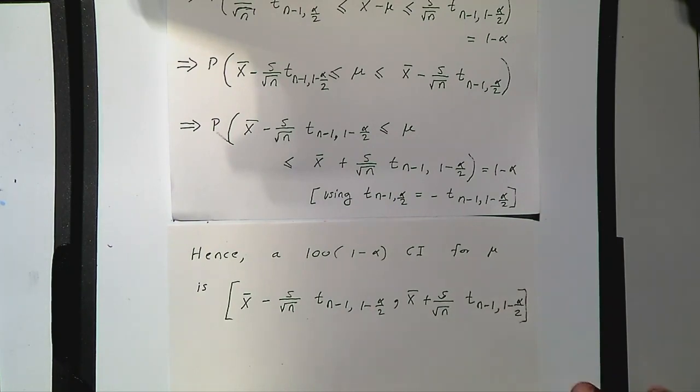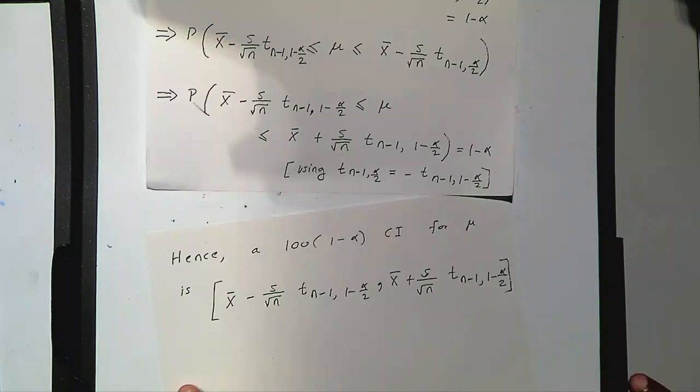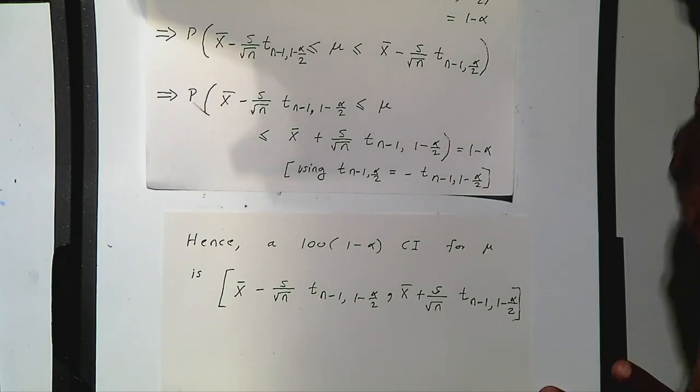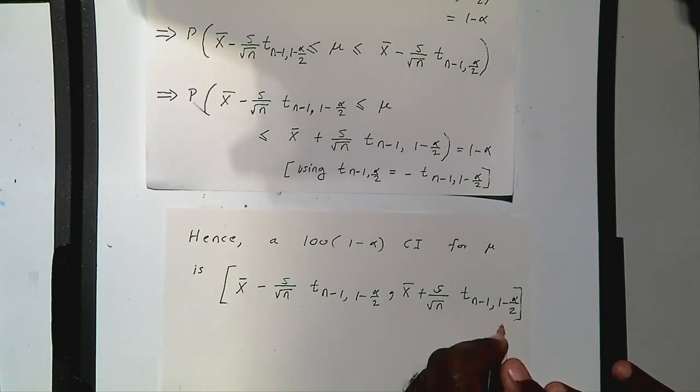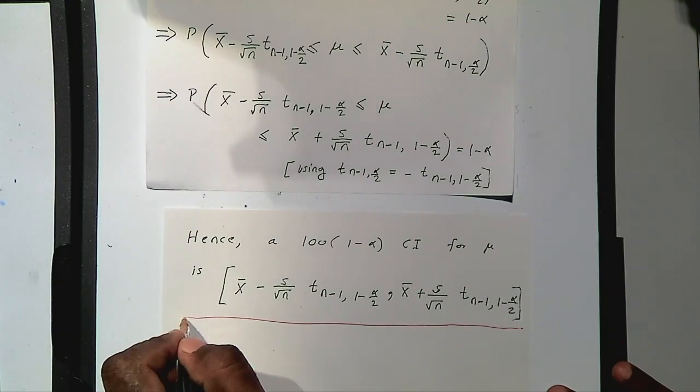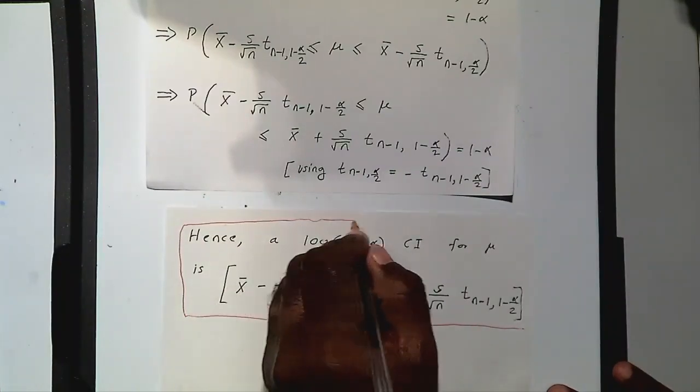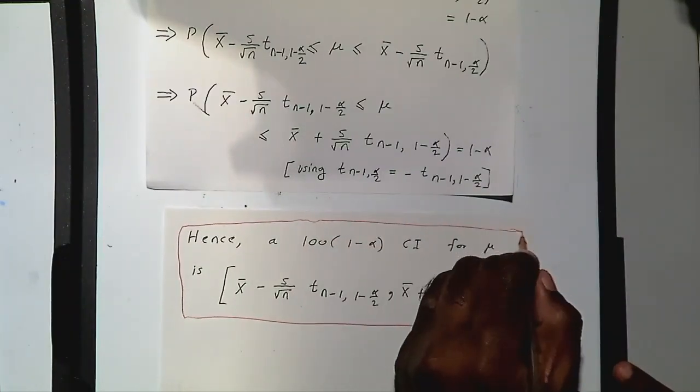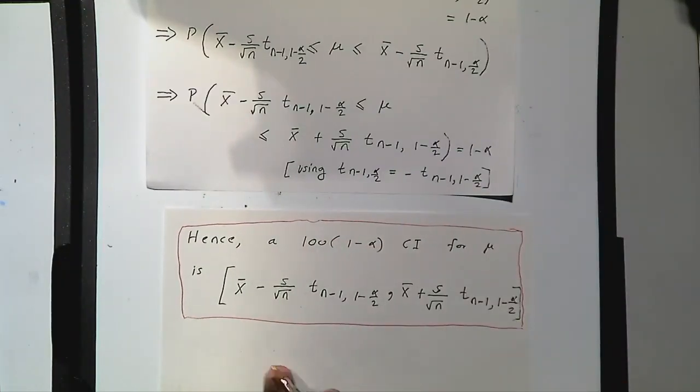Okay, so this is the statement that we have shown. We have proved that the confidence interval for mu when the population variance is unknown is equal to this, right?